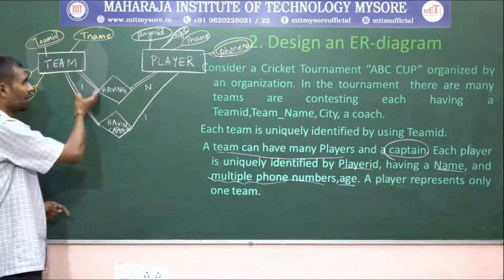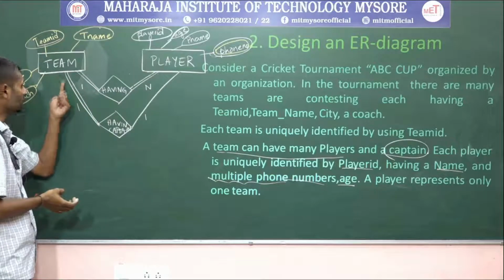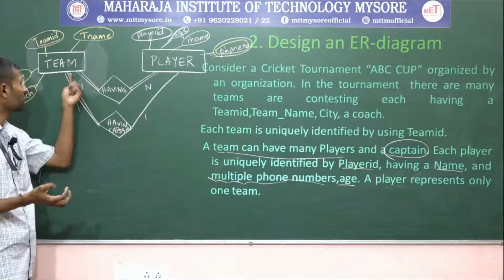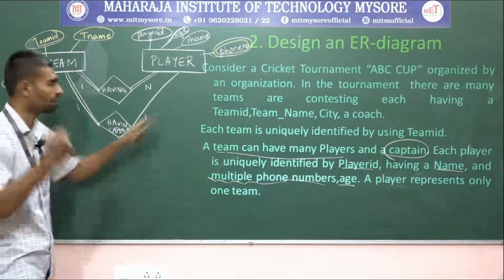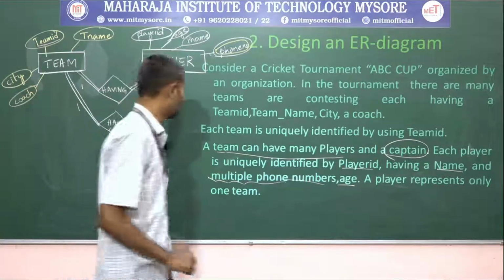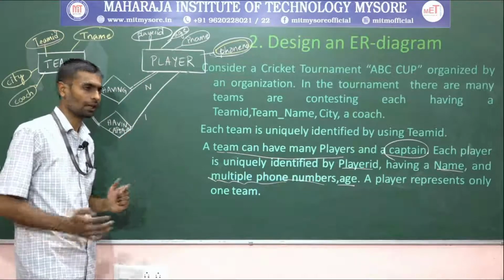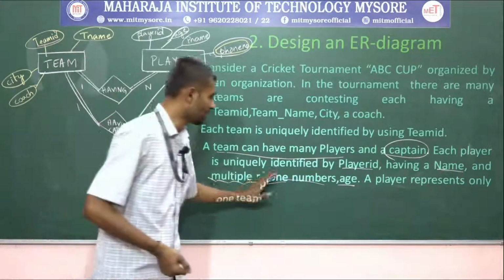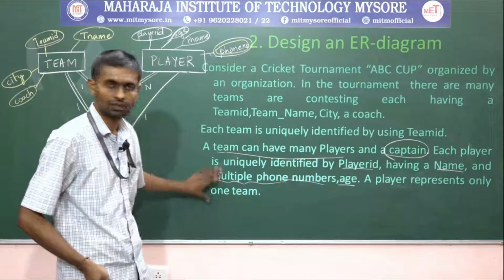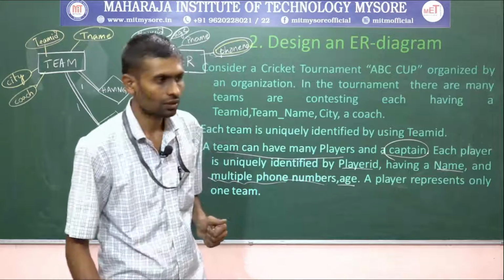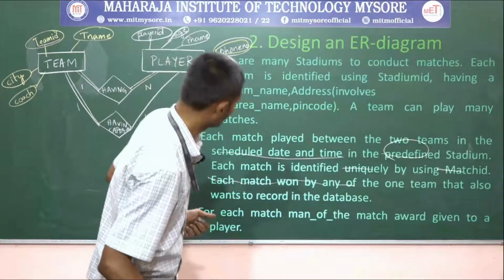So I can write a total at this end, because since we are saying every team has a captain, it's an indication that every team has at least one player. Fine. But all players are not captains, so we have represented that with a partial participation. So that's all, guys. Almost we have completed this part. So let me move on to the further part of this scenario.